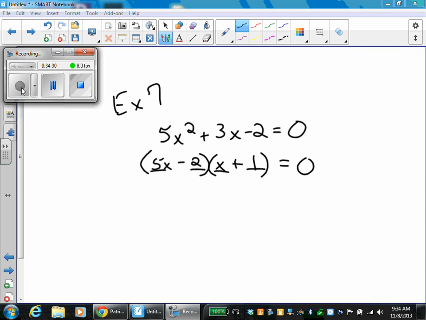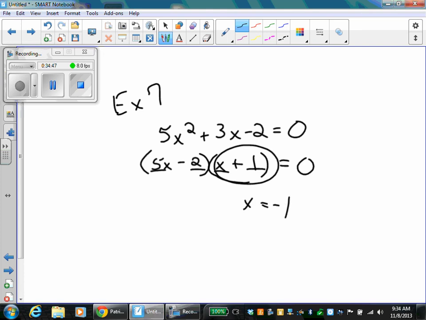Right. Anybody have questions with my factoring? Did everybody come up with at least it factored correctly? Yes. From here, you need to set it equal to 0. Now, this one's easy to see. What would make that 0? X is negative 1. This is one where you may need to set it equal to 0 because of this 5. When you move that over, you get 5x equals 2, but when you divide by 5, x would equal 2/5.